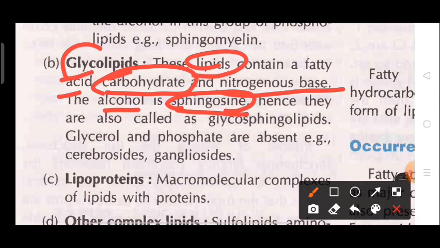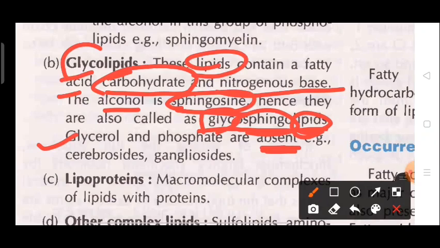Hence they are also called glycosphingolipids. Glyco means carbohydrate, sphingosine is the alcohol, and there is the fatty acid content. Glycerol and phosphate are absent, remember this one. The examples are cerebrosides and gangliosides.